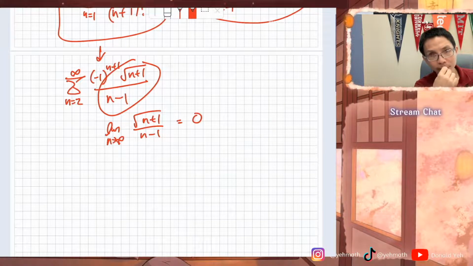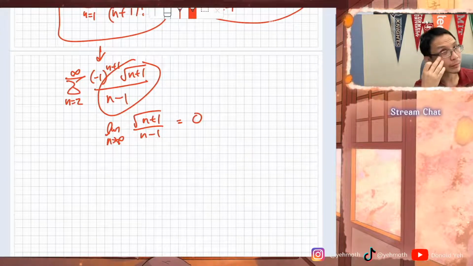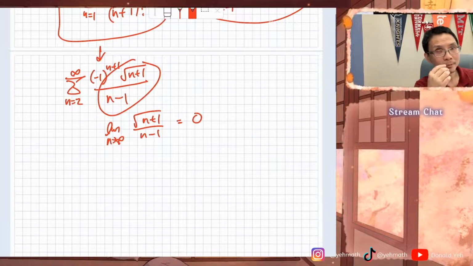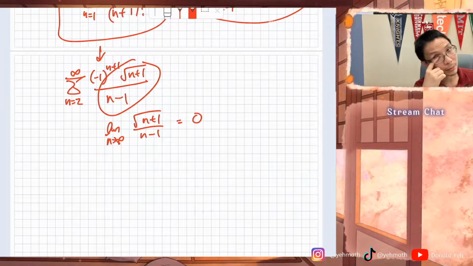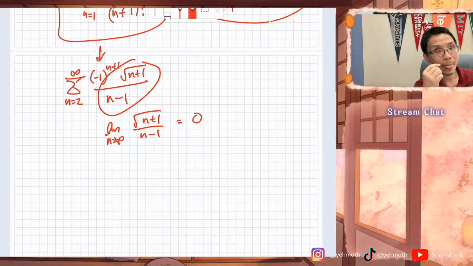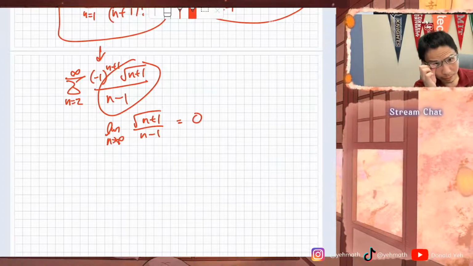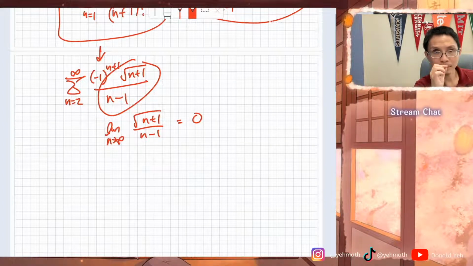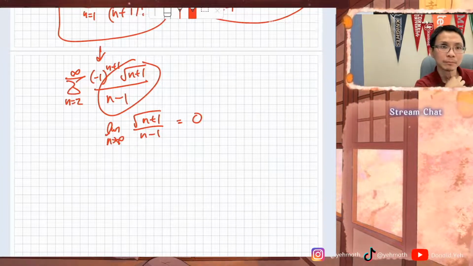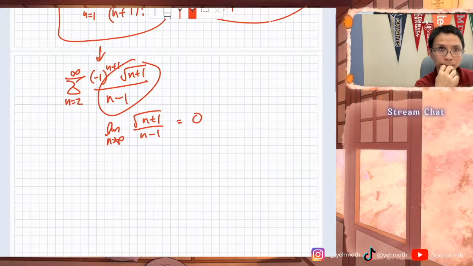Let's do one last one. So negative, plus, minus, plus, and then what? We have the fourth term, 4 squared is 16 over, and then it doesn't end. It goes forever and ever.